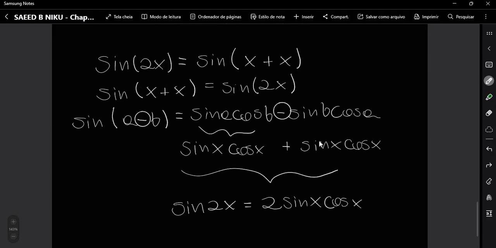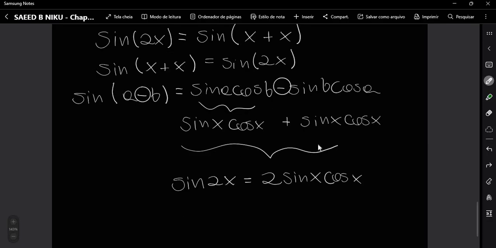And here it is different for the sine function: if we sum two angles using the sine function, we obtain this expression.